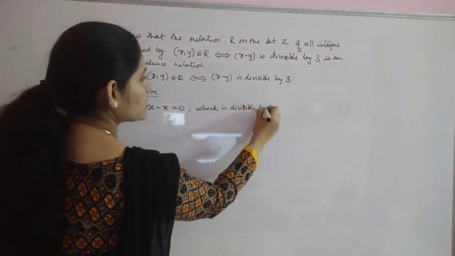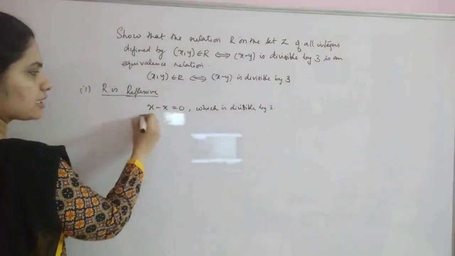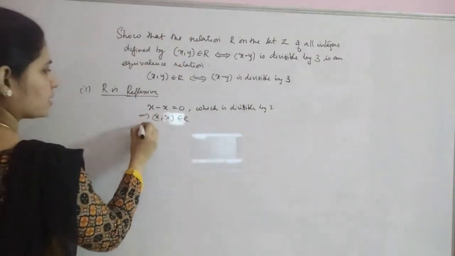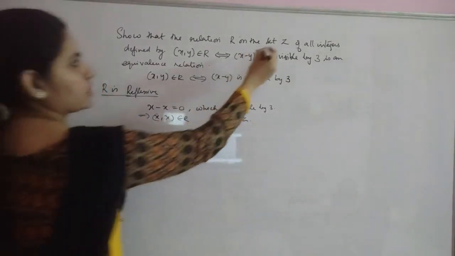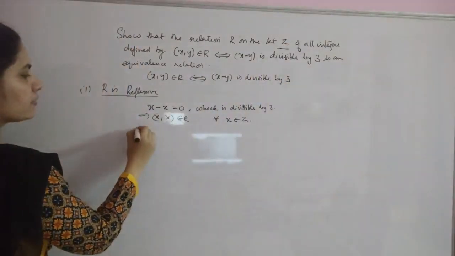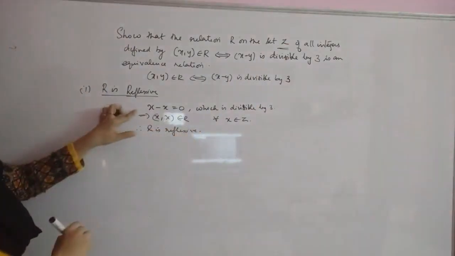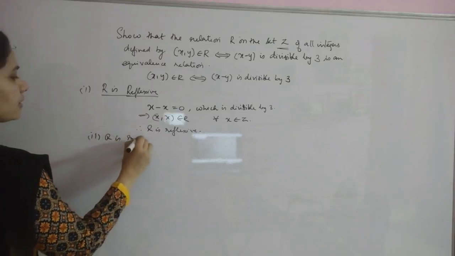So xx belongs to R, and this is true for all x in Z. Therefore R is reflexive. Understood? Now the second case is, you have to show that R is symmetric.